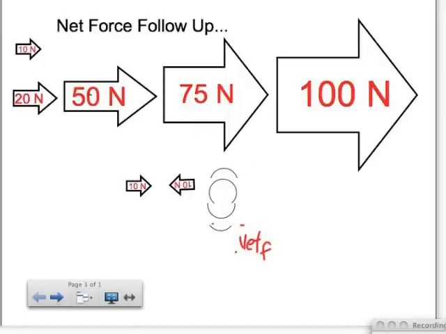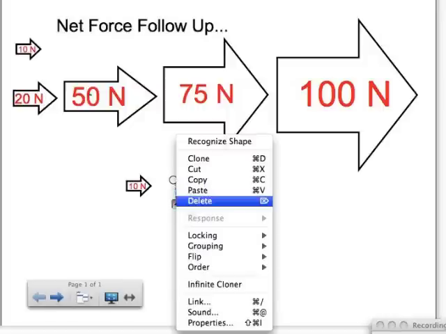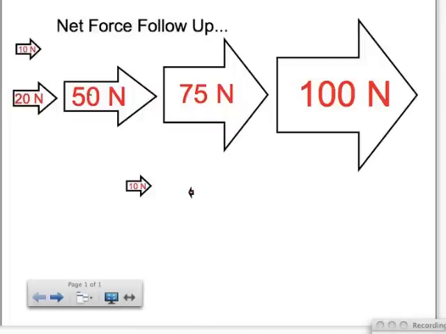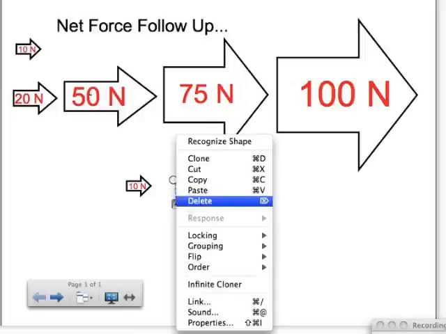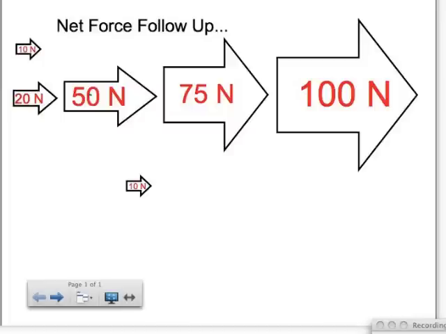Now, another way we could have done this was we could have kept the 10, this one here, redo that, delete that. Bring another 10 down.